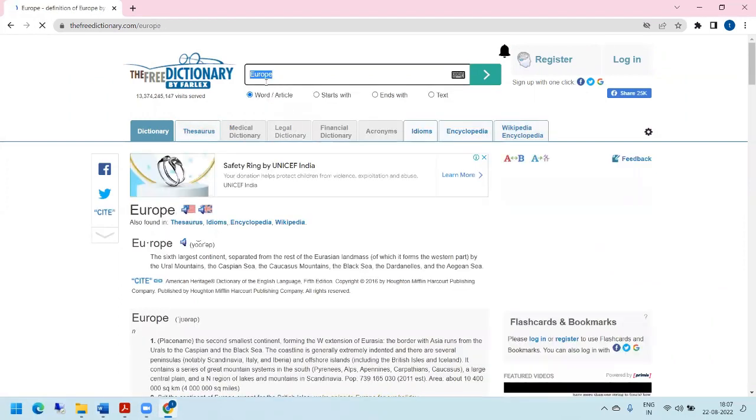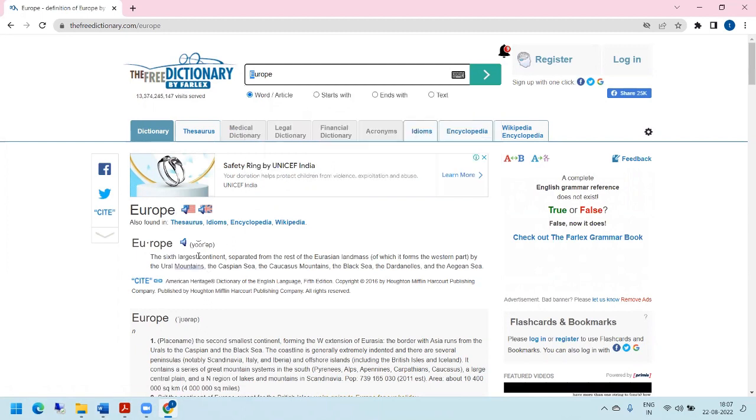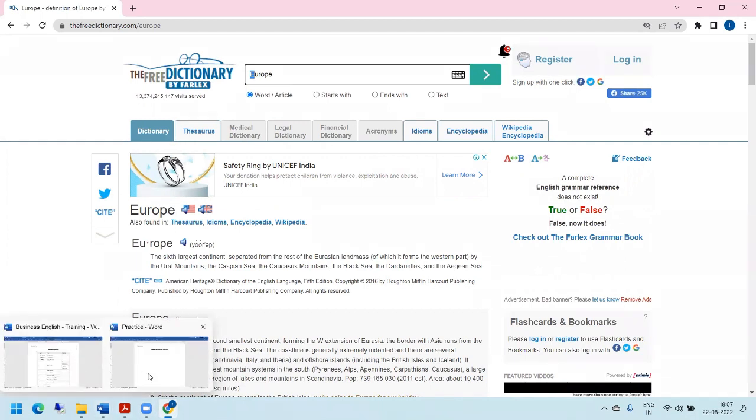Can you see here? Though the spelling is starting with E, in pronunciation it is Europe, and it is actually starting with the sound Y. It is a consonant. That's why here.